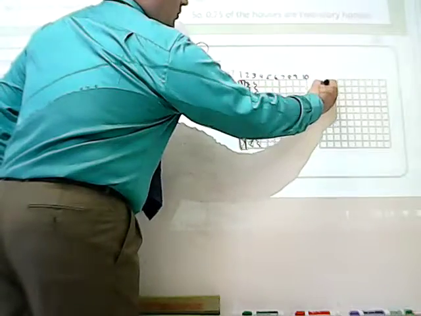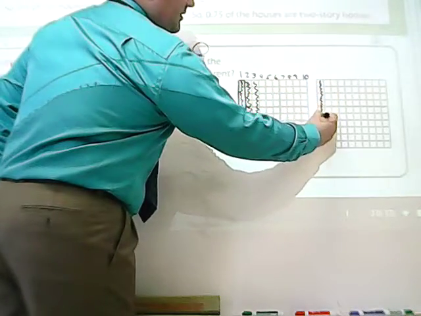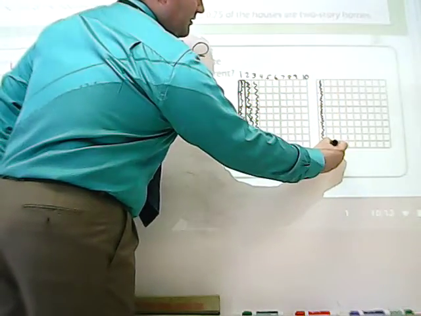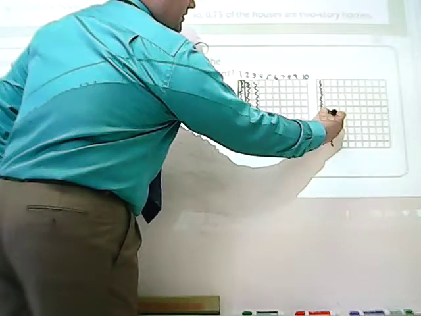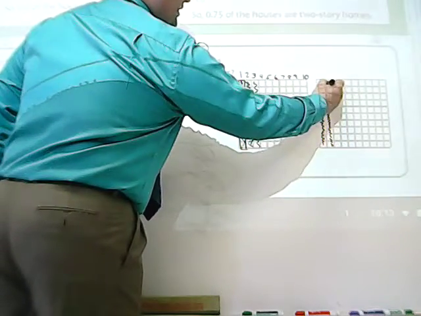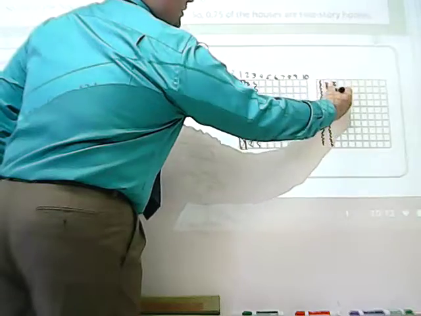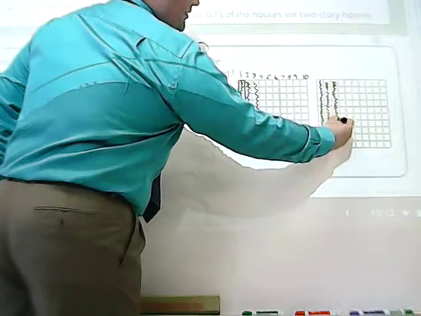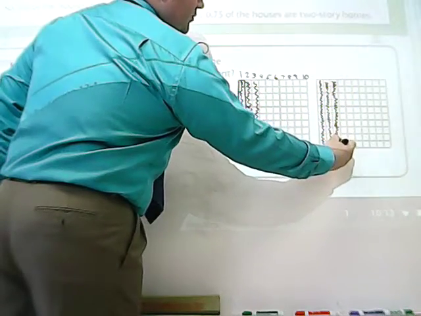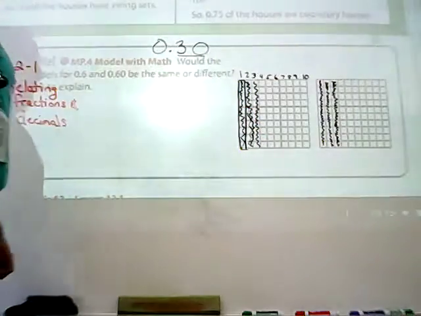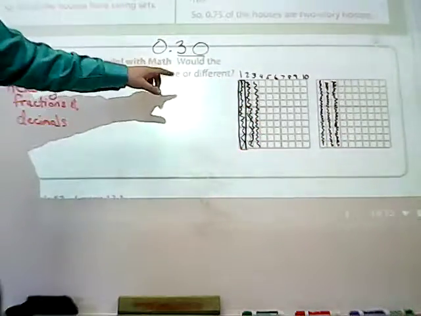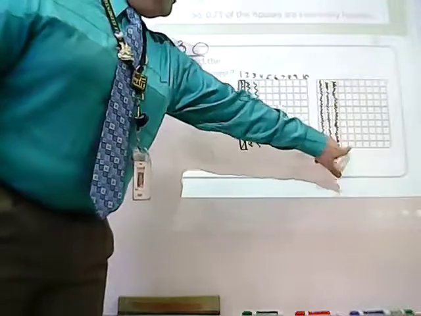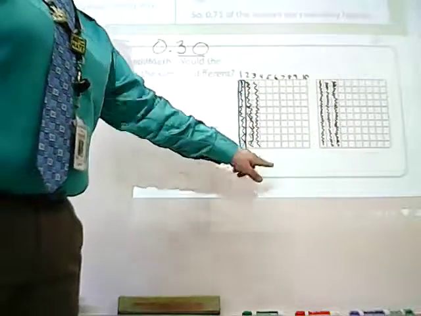So, 1, 2, 3, 4, 5, 6, 7, 8, 9, 10, 11, 12, up through 29, and 30. As you can see, 30 hundredths is equivalent to 3/10.